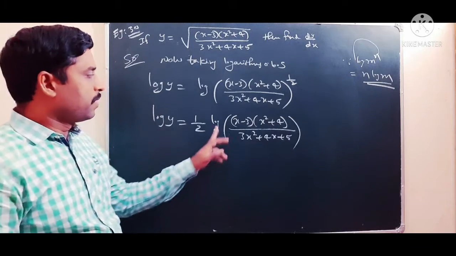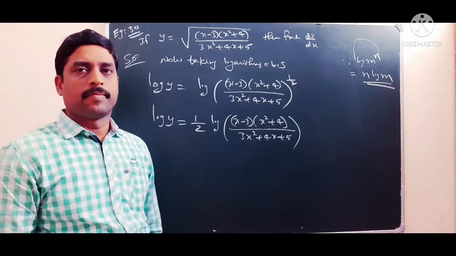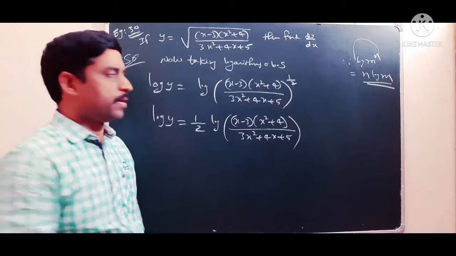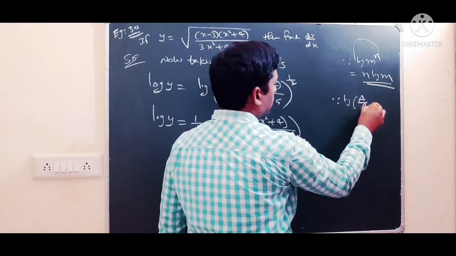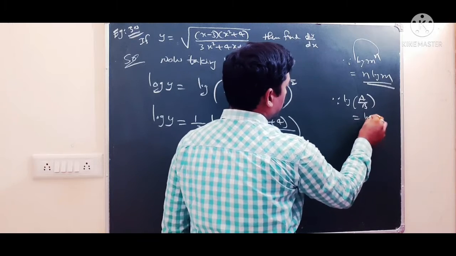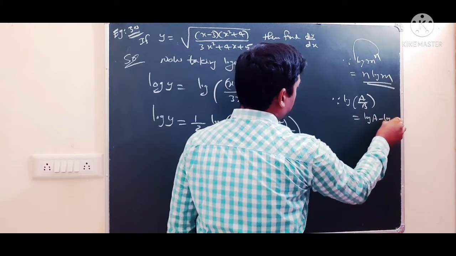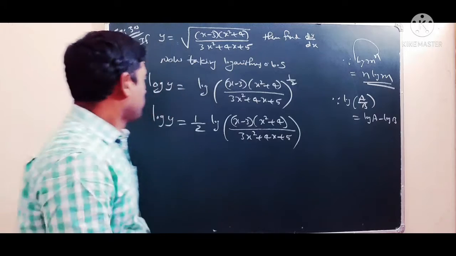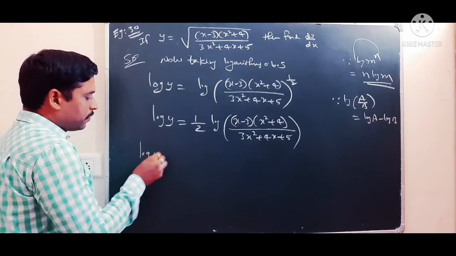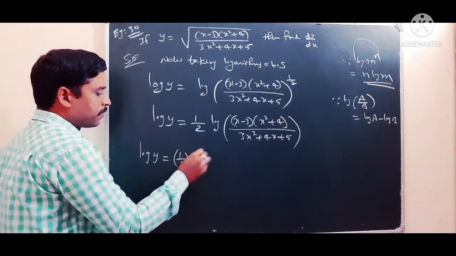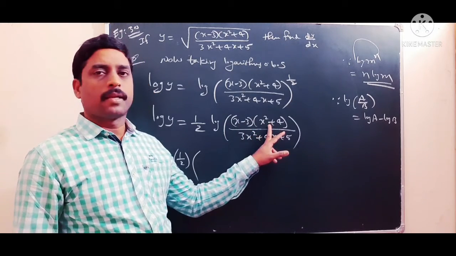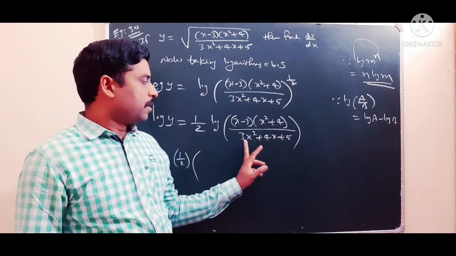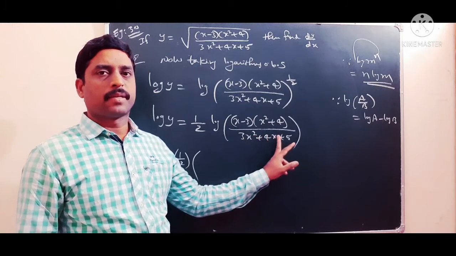Okay. We have the log a by b formula, log a minus log b. So log of a by b will be log a minus log b. Okay. So log y is equal to 1 by 2 times of, so let us take a as x minus 3 into x square plus 4, and b is 3x square plus 4x plus 5.